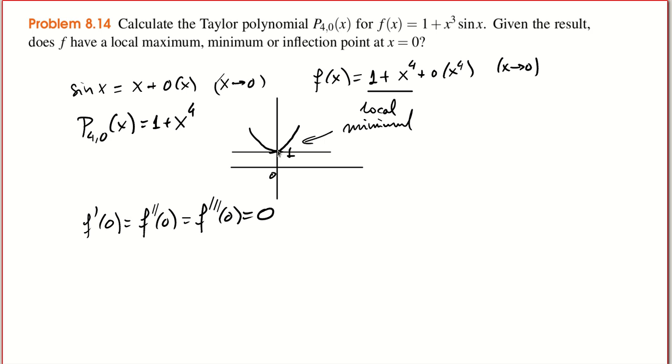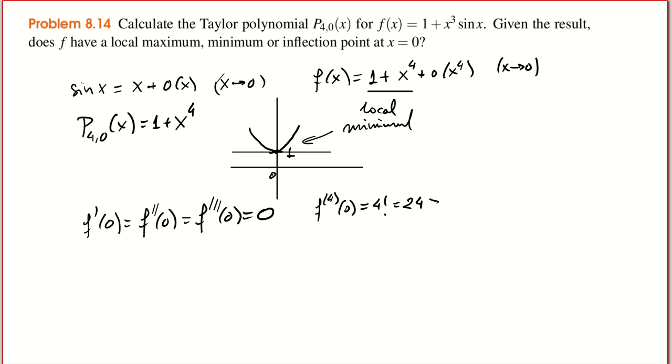So this point can be a maximum, a minimum, or an inflection point. That depends on which is the first non-zero derivative. But you see, the coefficient of the fourth power here is 1, which means that the fourth derivative at 0 is 4 factorial. So 24.